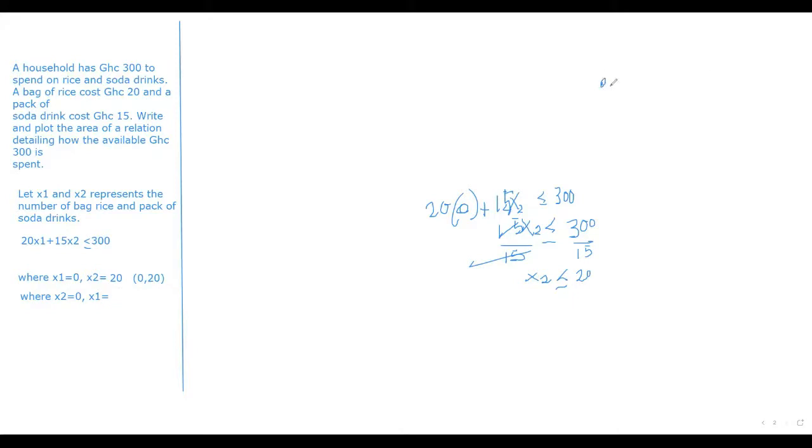If 20x1 plus 15x2, we make x2 0, then x1 becomes 15. So the point will be 15, 0. Now we are having the two coordinates. So now we are going to plot it on the graph. You get it?